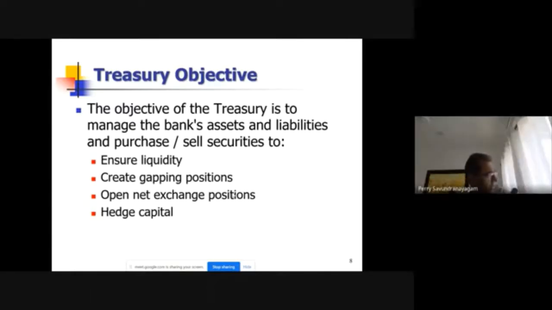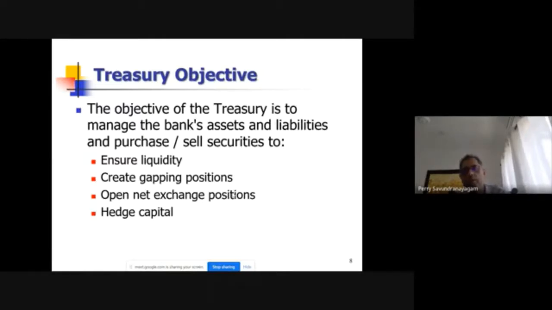So basically, if you look at what you're saying, the treasury can be broken up into three areas: front office, middle office, back office. You've given the reporting structure.